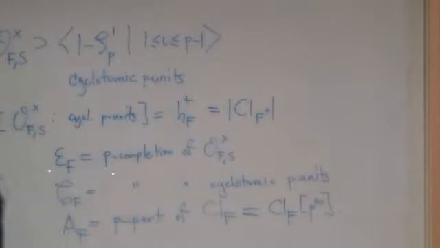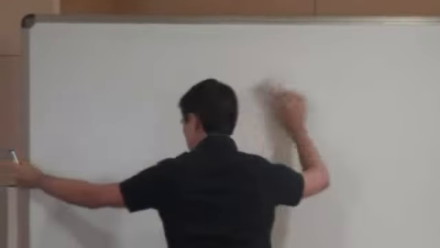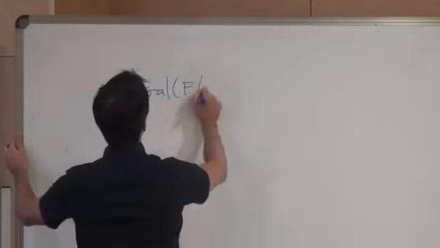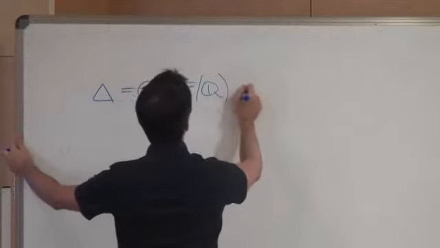Okay, so the Galois group, I'll call it Delta, the Galois group of F over Q, is of course cyclic of order p minus 1. It's canonically isomorphic to (Z mod pZ)^x.